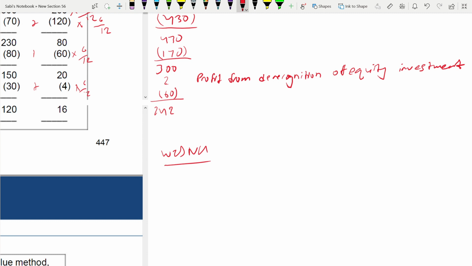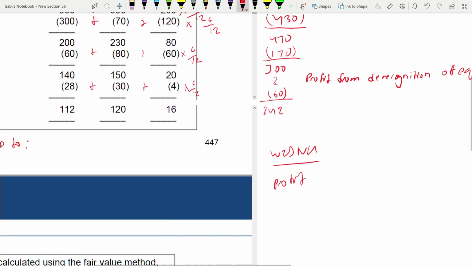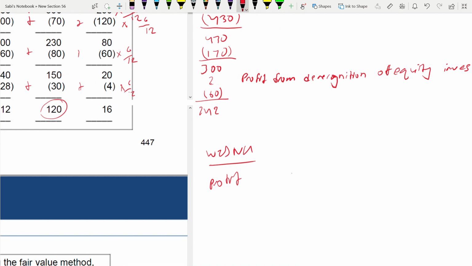Now profit of this one. See, only this one will talk about NCI, not the second one. 120. This is 120. Now take 10% of it, because we have acquired 90%, so NCI is 10%, which is 12.